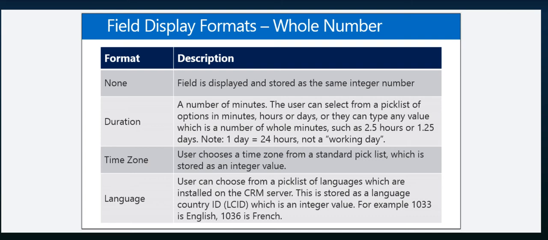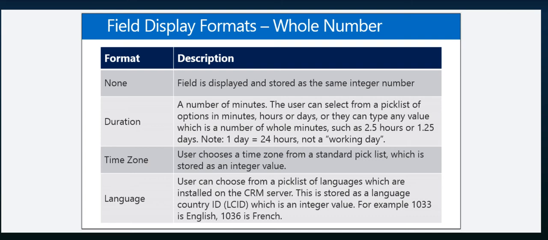All right. More formats. For whole number, you can basically just store the number by itself, or you can set it as a duration. And duration basically means a number of minutes. So whatever number is in there is the number of minutes. 120 is 2 hours. What's different, though, is that you can set the selection when the user populates it. They can actually type in 2 hours, and that duration field will automatically be set to 120.